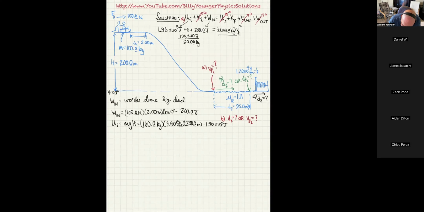In this case, I'm dividing by 50.00 kilograms as well. And then you can see that V final would equal the square root of this number. So we're going to say the square root of 196,200 divided by 50, and that gives me 3,924.